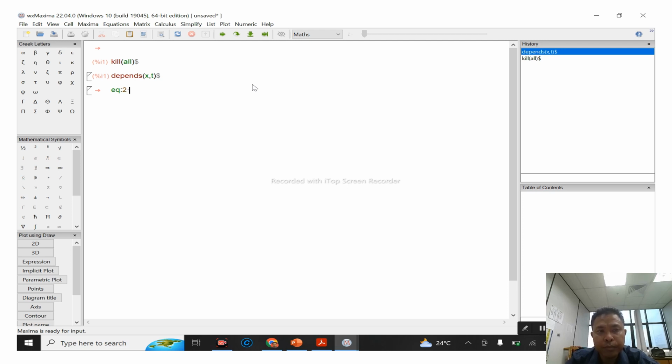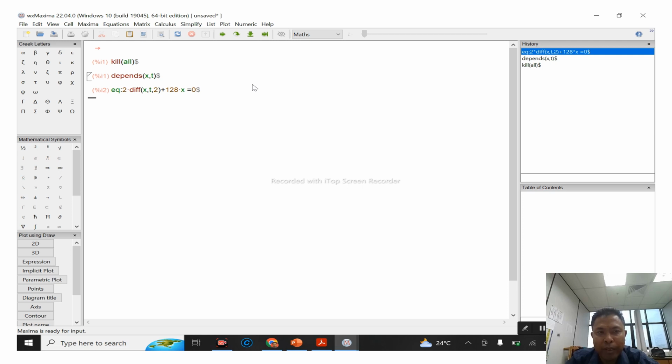X double dot can be converted to the differential equation of x with respect to t, 2 times, because we have double dot x, and we have to add this term. And because this is a free vibration, there's no external forcing, which is 0. And I'll put again the $ sign. So you can see that the program is quite natural.